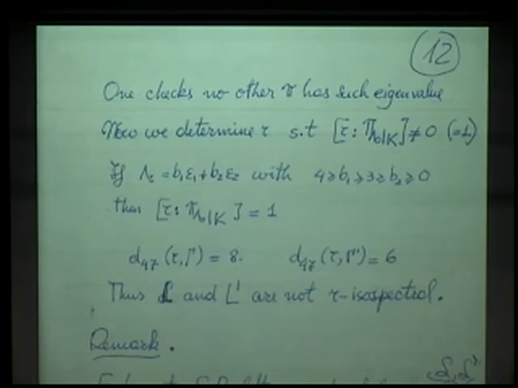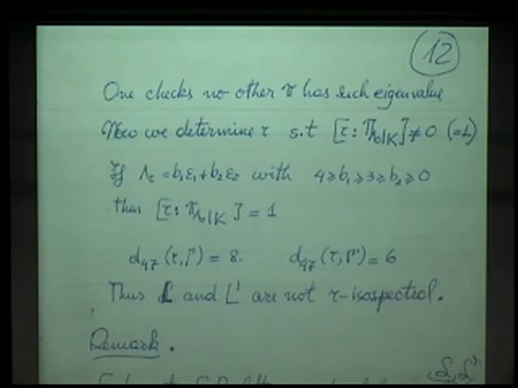And then one checks that if we choose tau with this highest weight, satisfying this condition, then the multiplicities of the eigenvalue 47 in both are different. So they are not tau isospectral.